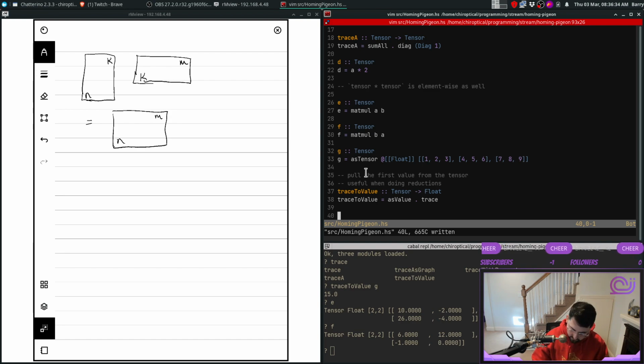One thing to note is that the k values have to be equal: you need the same number of columns in the first matrix as rows in the second matrix. Otherwise, you can't do matrix multiplication. So there's a note about that.